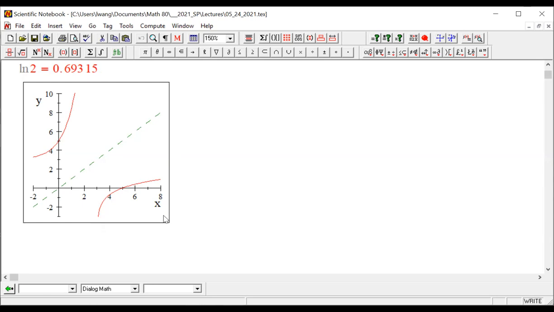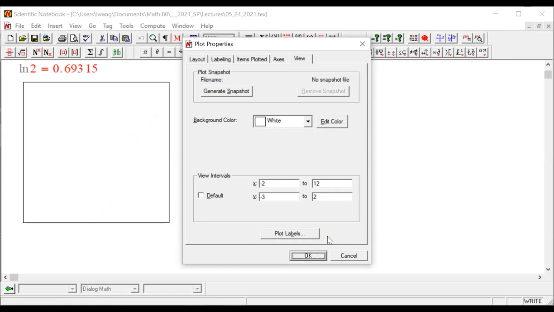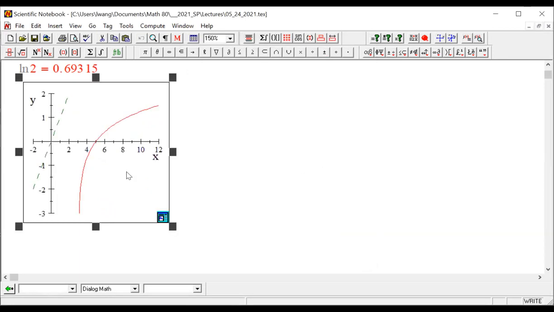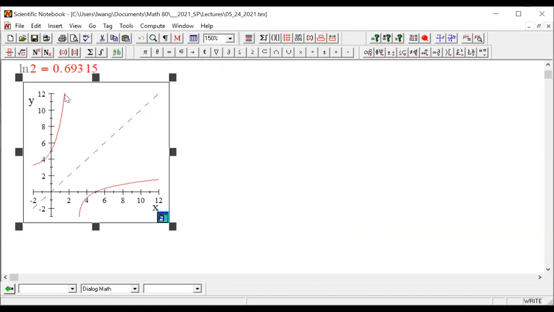Of course, I can show you some more of that. Oops, I have a typo. This is meant to be 12 as well, not 2. You see these two curves are still symmetrical.